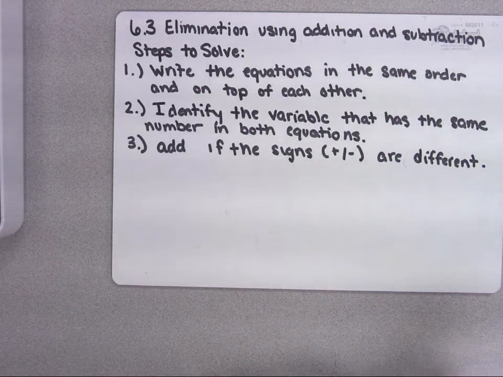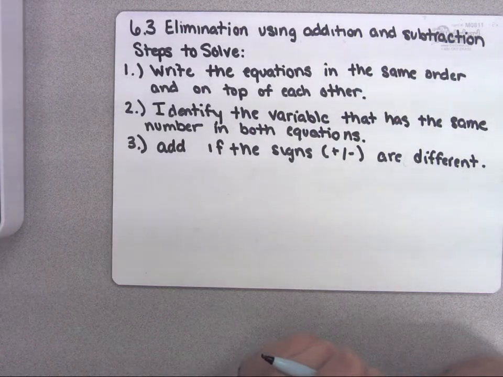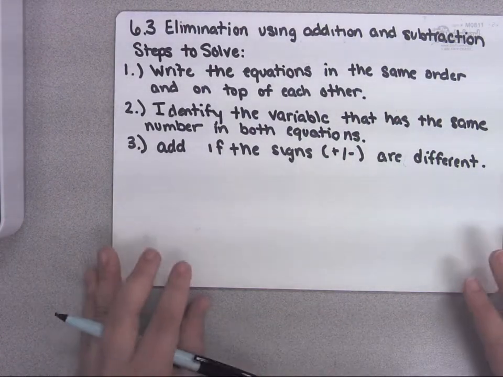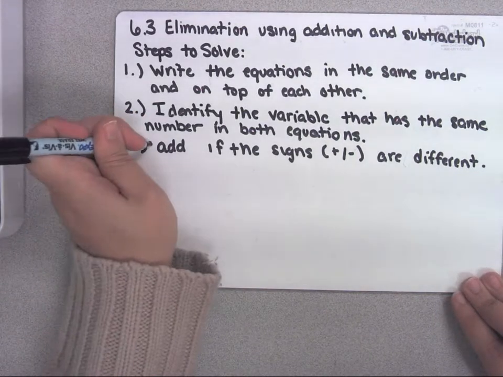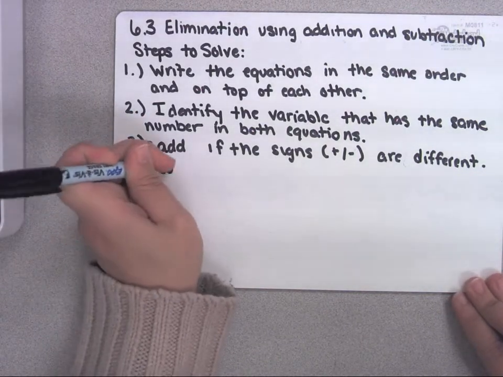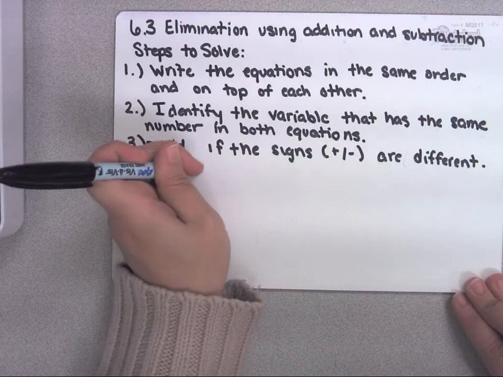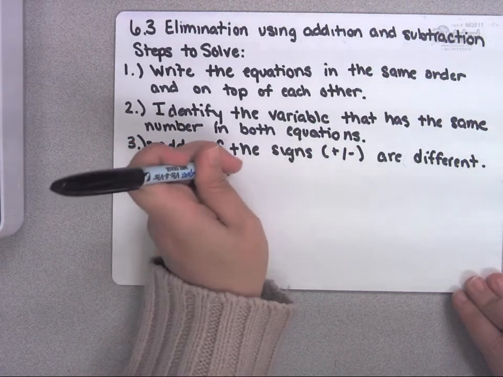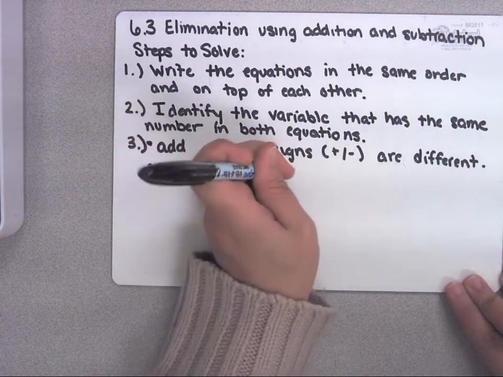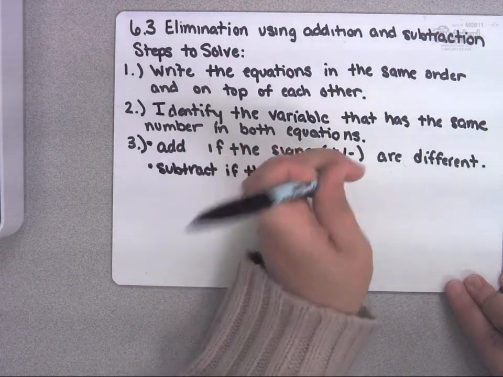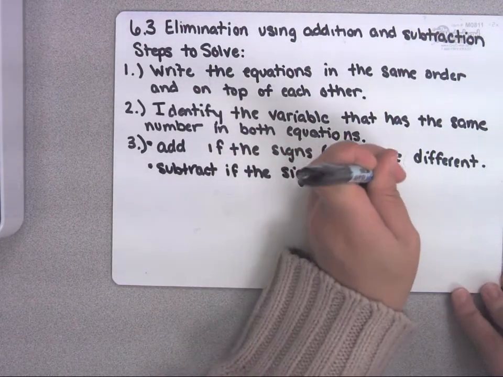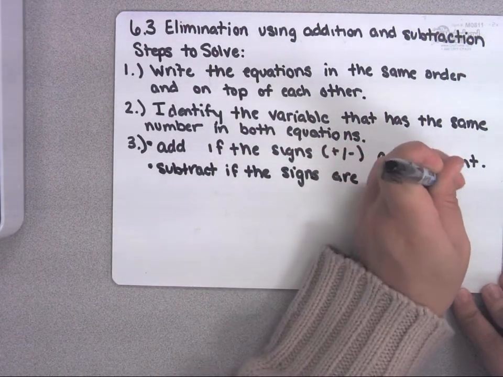Because when we add 2x and negative 2x together, don't they cancel out? 2x plus negative 2x, they cancel out. Okay, that's one of them. Or we're going to subtract, same part, if the signs are the same.